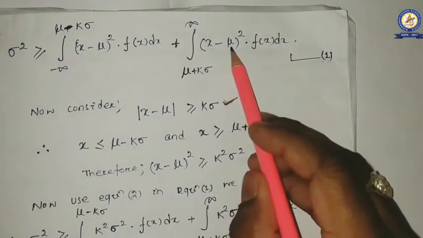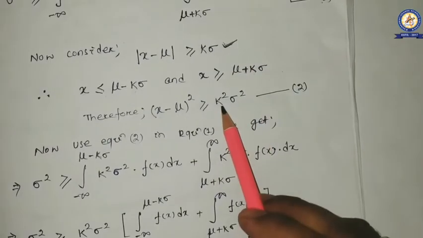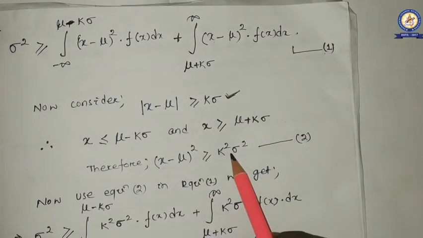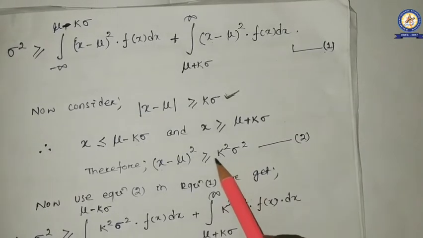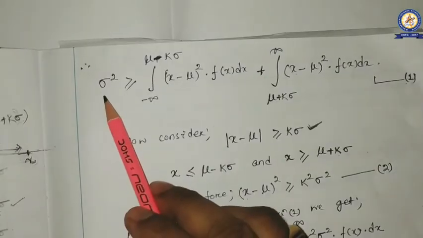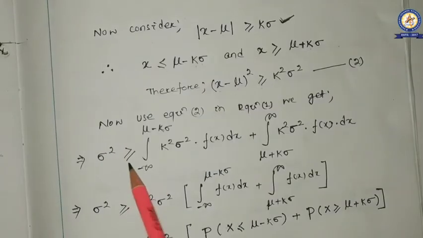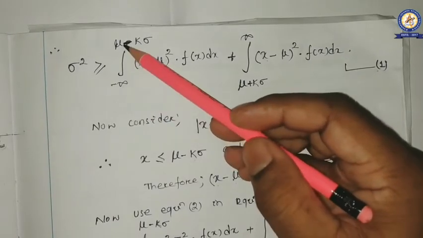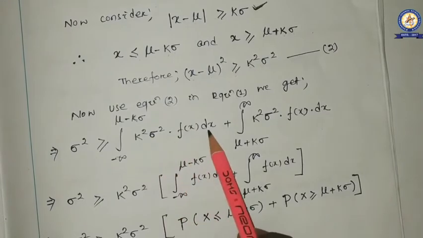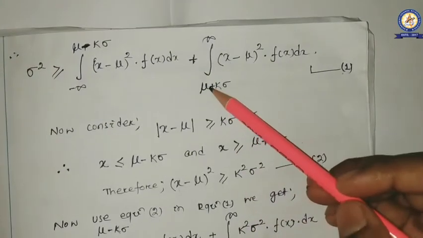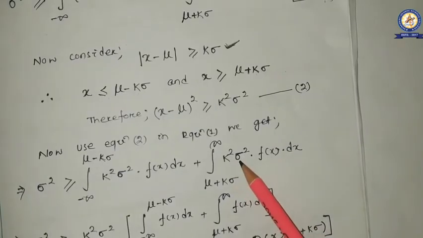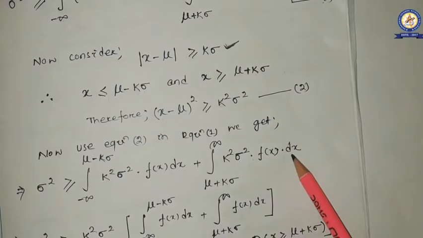Instead of (x minus mu) square, I can write k square sigma square, since (x minus mu) square is greater than or equal to k square sigma square. So sigma square will be greater than or equal to the integral from minus infinity to mu minus k sigma of k square sigma square f(x) dx, plus the integral over the range mu plus k sigma to infinity of k square sigma square f(x) dx.